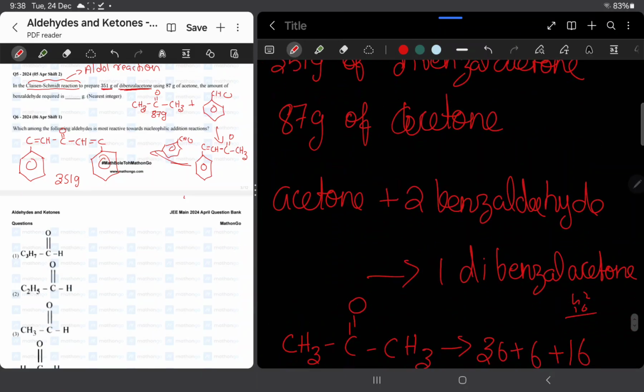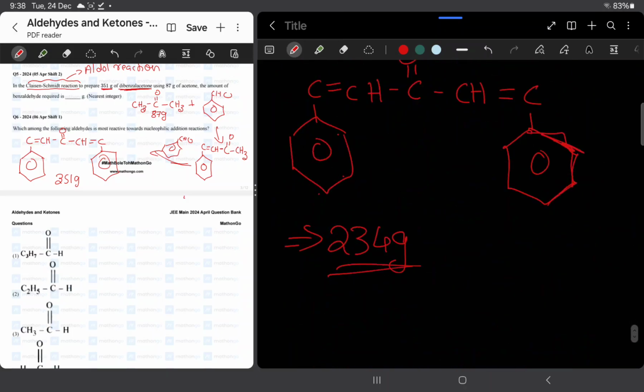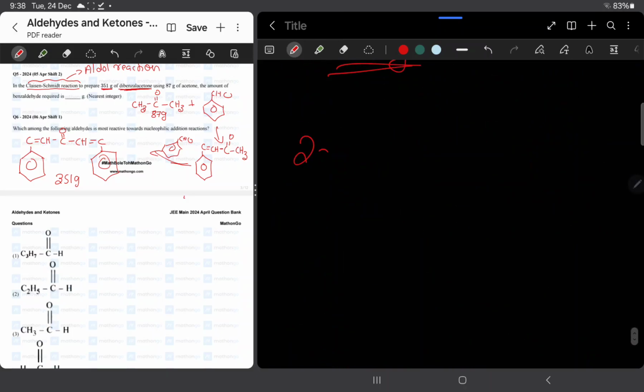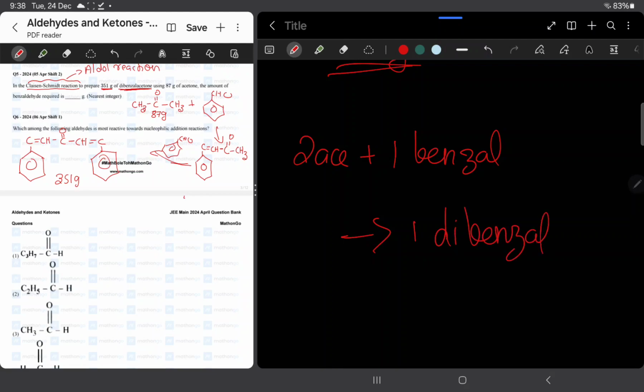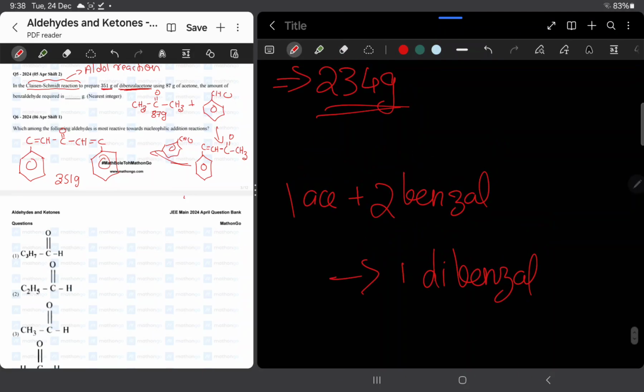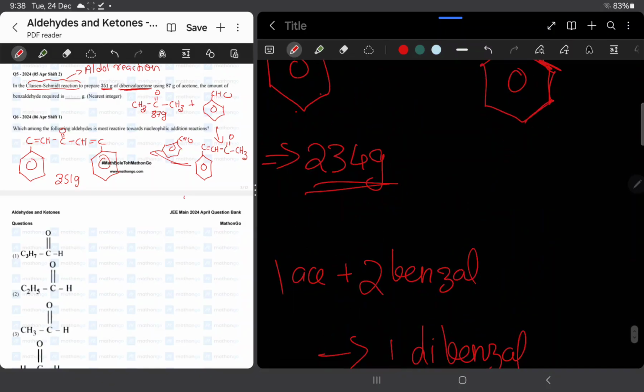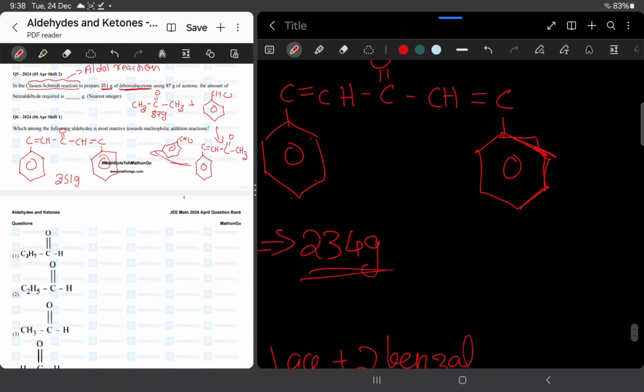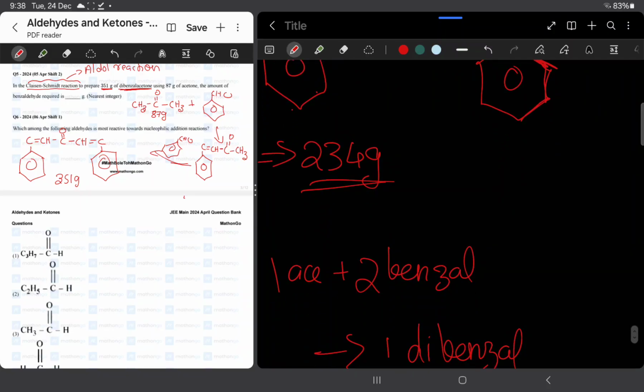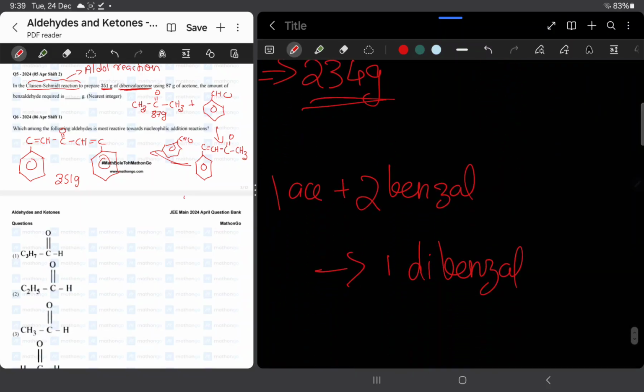You know that 1 acetone plus 2 benzaldehyde will give this. So I'll just write 2 benzaldehyde plus 1 acetone gives 1 dibenzyl acetone. I went wrong here. 1 mole of acetone and 2 moles of benzaldehyde will give 1 mole of dibenzyl acetone. How much acetone are we using here? 87 gram of acetone.